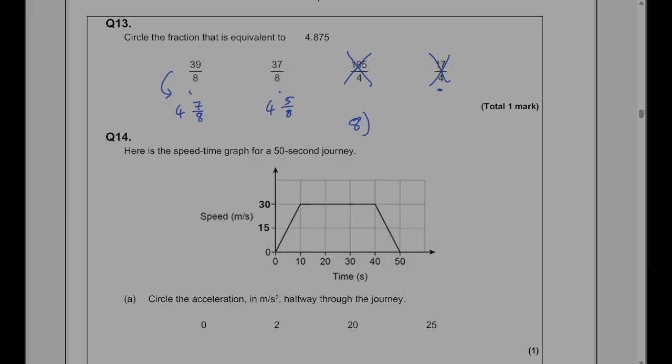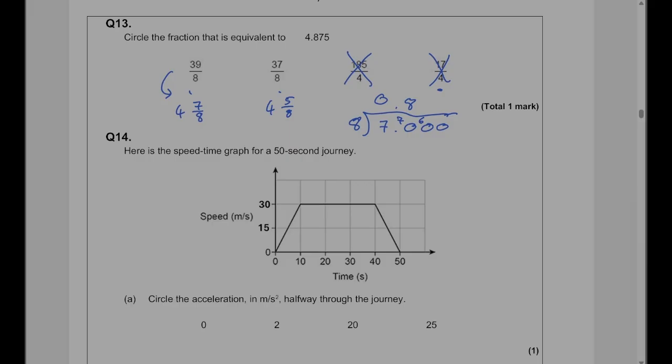So I'm going to say 8 go into 7.000, so 8s don't go into 7. We've got 7 left over then. 8s go into 70 fully, not 6 times, 8 times. 8 times 8 is 64, so we've got 6 left over. 8s go into 60 fully 7 times.